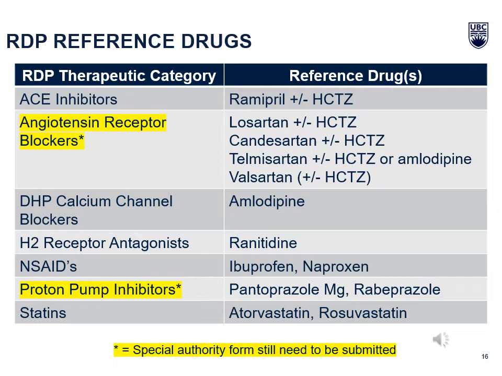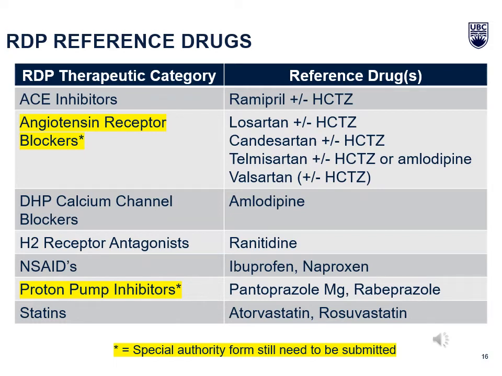For the calcium channel blockers, the reference drug is amlodipine. For the H2 receptor antagonists, the reference drug is ranitidine. For the NSAIDs, it's ibuprofen or naproxen. For the PPIs, it's pantoprazole magnesium or rabeprazole. And for the statins, it's atorvastatin or rosuvastatin.